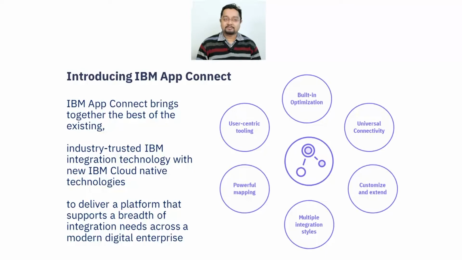The tooling should be as simple and intuitive as possible for the new gen developers, line of business developers, and citizen integrators to start building new applications. You want to support a lot of integration patterns, which I'll be talking about in a few slides. Your integration platform needs to provide a powerful mapping which helps you in bridging the data from one format to another. You want to transform from XML to CSV, CSV to JSON, and so on and so forth. So all these capabilities should be part of your integration platform to build simple applications very quickly.